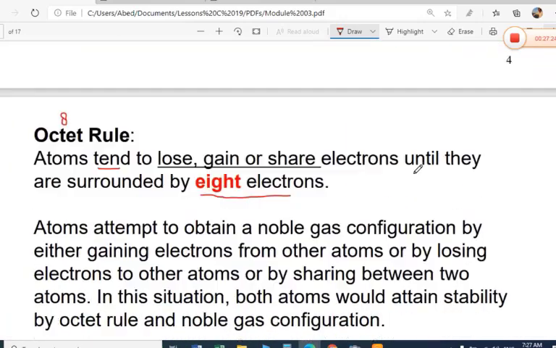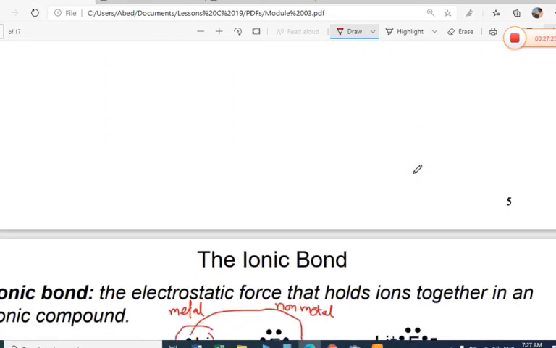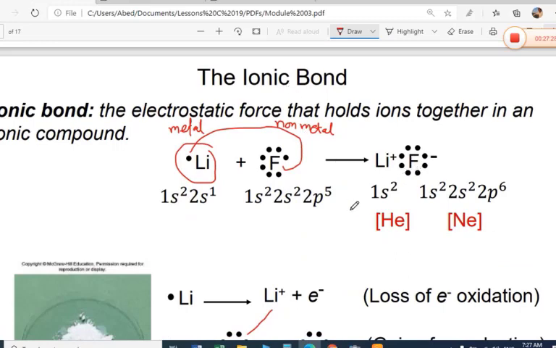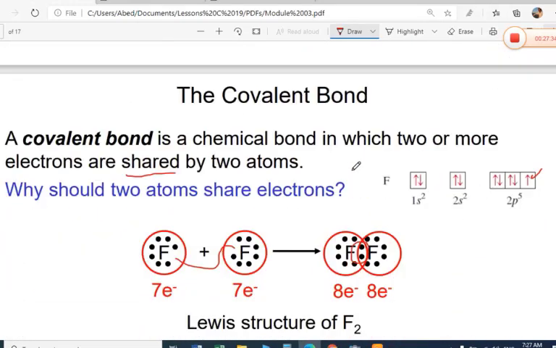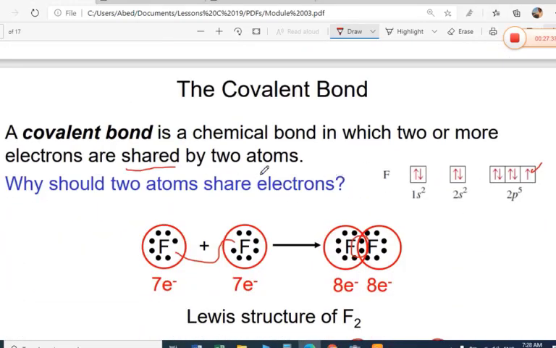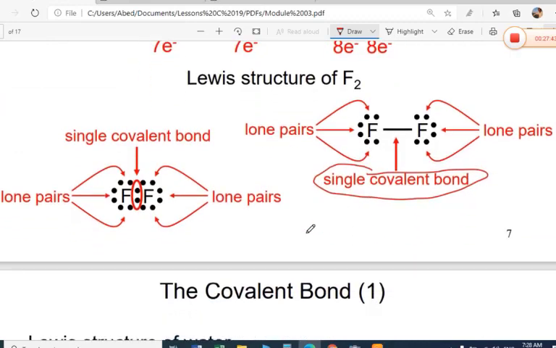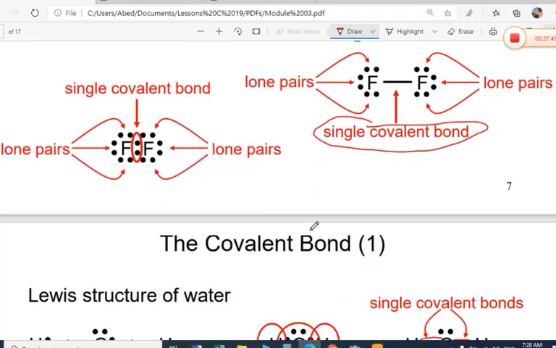The other question can be to differentiate between ionic and covalent. Ionic bond is by the transfer of electrons between metal and non-metal, and covalent bond is by sharing of electrons between non-metal and non-metal. There is no metal here. And also by the calculation you show which one is ionic, which one is covalent, which one is polar, which one is non-polar.